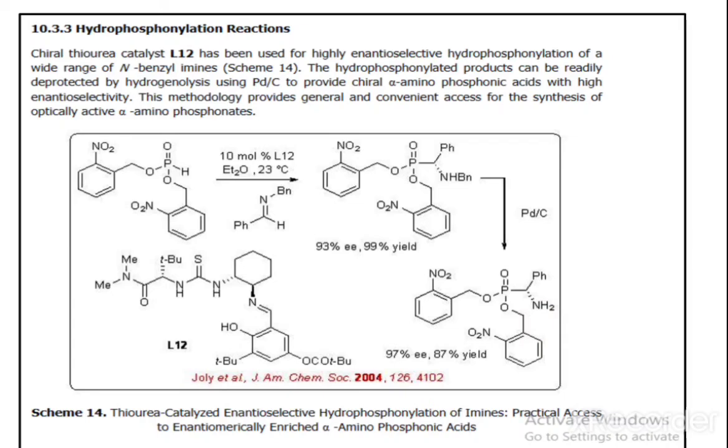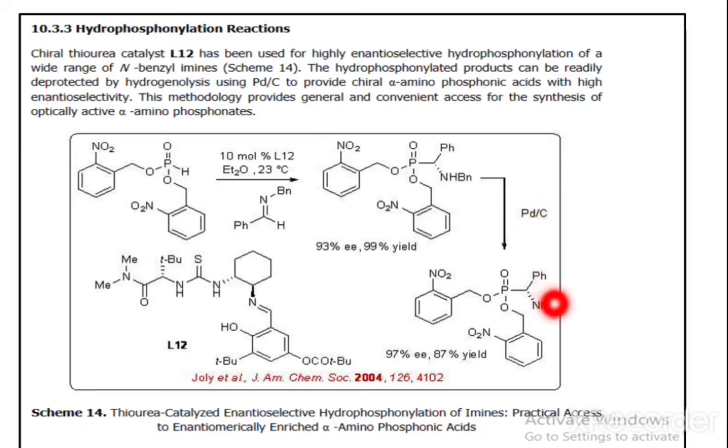That means here the simple reaction: this is the hydrophosphorylating reagent, P double bond O, OH, and this substrate is treated with L12, this organocatalyst. Here this is the imine, C double bond N. The phosphorus attacks, with P double bond O and departure of one group, and then the addition, these groups will be directly joined to this phosphorus.